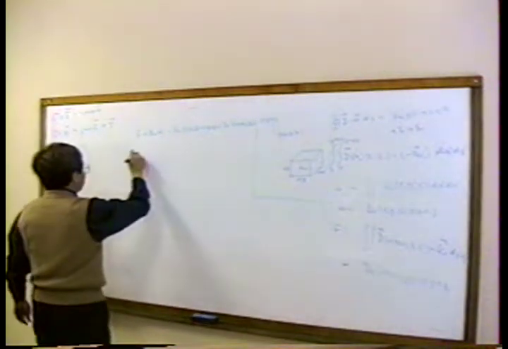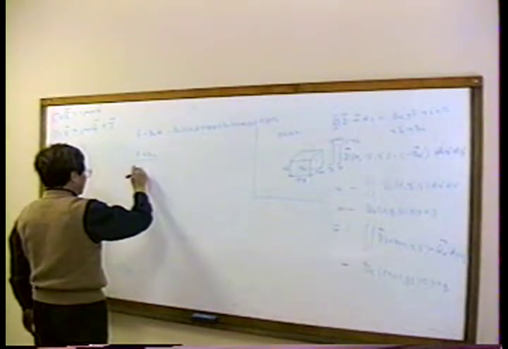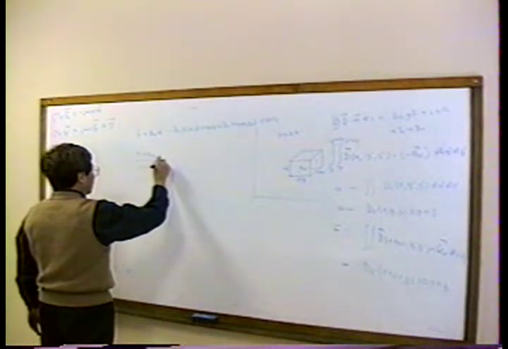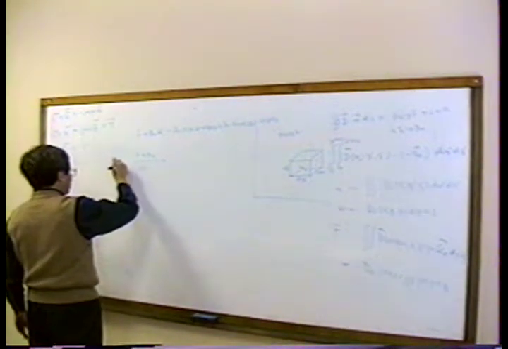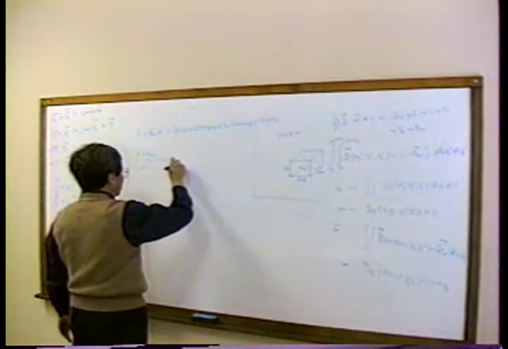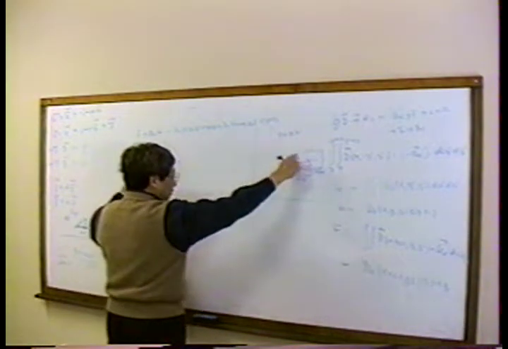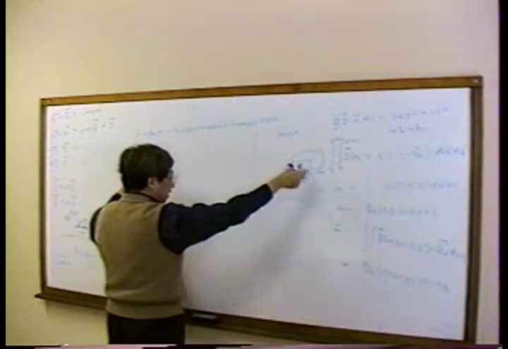Then front plus back divided by delta v, in the limit delta v goes to 0, is equal to the limit. Delta v is the volume of this thing here: delta x, delta y, delta z.